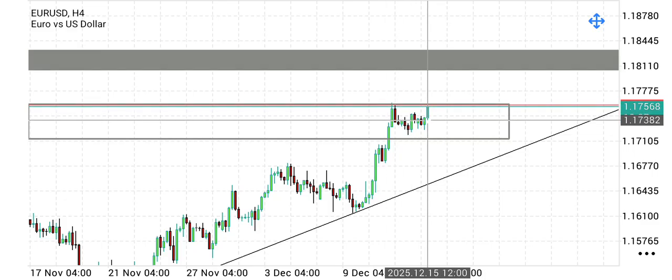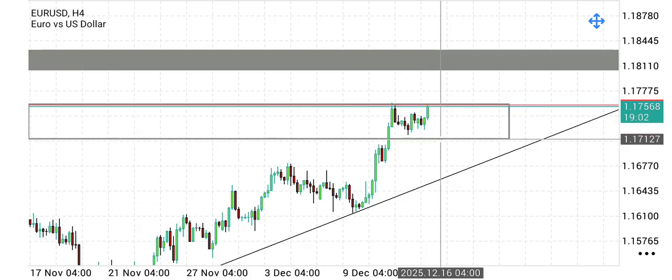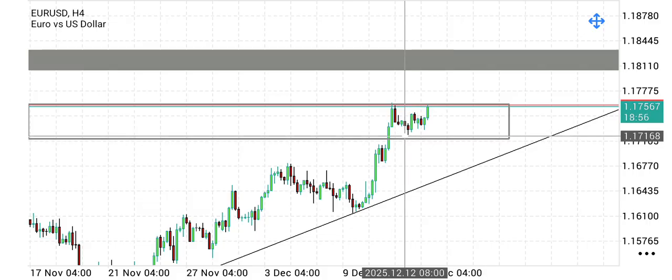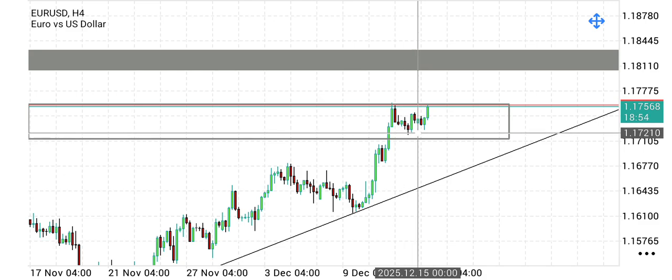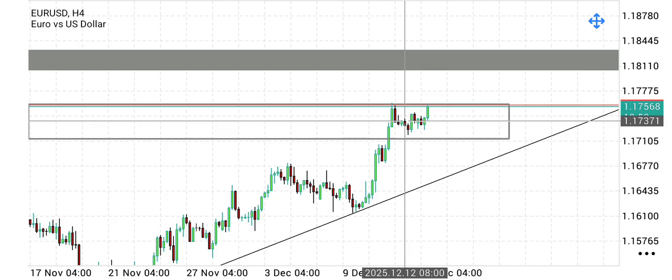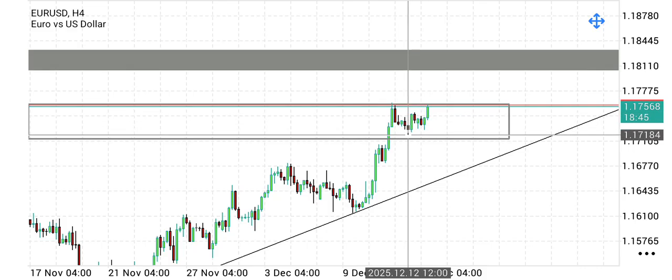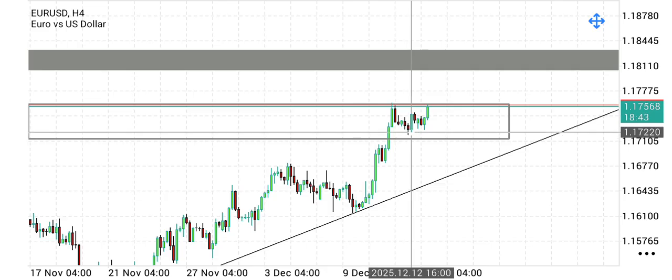Then we witness a pullback somewhere around here, because we might sweep this support. We can see that the market has found another support right here, because it came high, then retested again, failed to break this previous swing low.